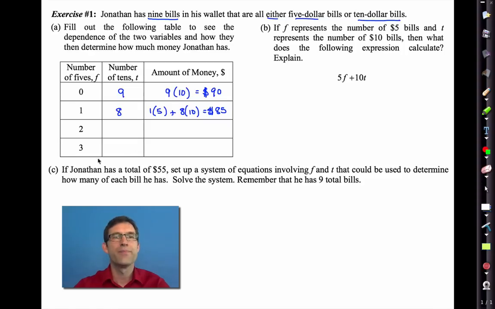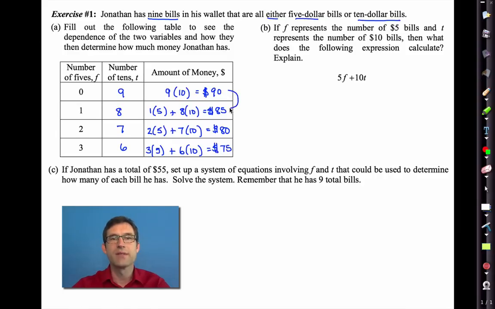All right, let's go through it. Well, if he's got 2 5s, then he must have 7 10s, and he must overall have 2 times 5 plus 7 times 10, which will be 10 plus 70, and he'll have $80. If he's got 3 5s, then obviously he's got 6 10s, which means he's got 3 times 5 plus 6 times 10, which will be 15 plus 60, which will be $75.